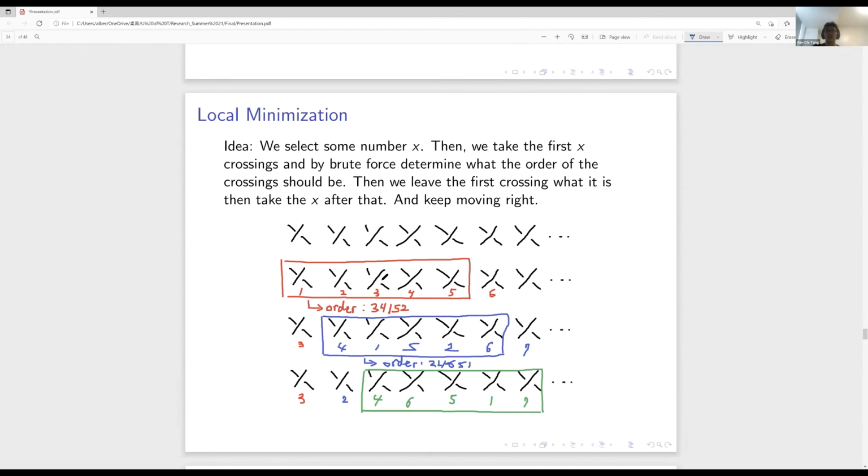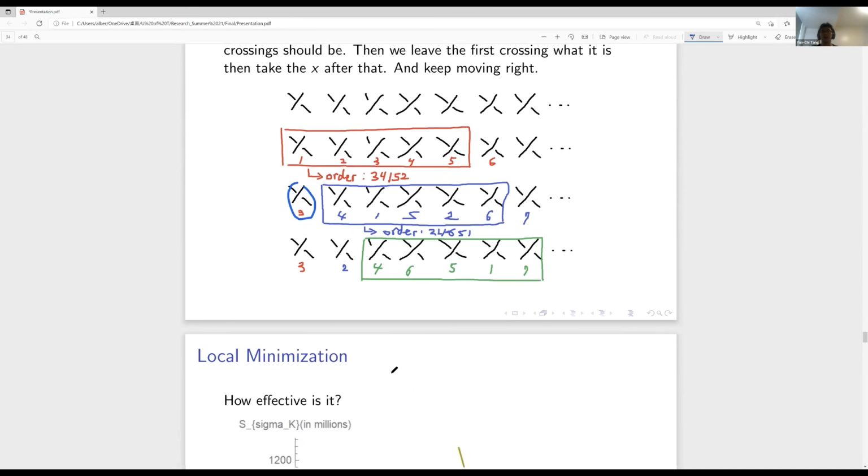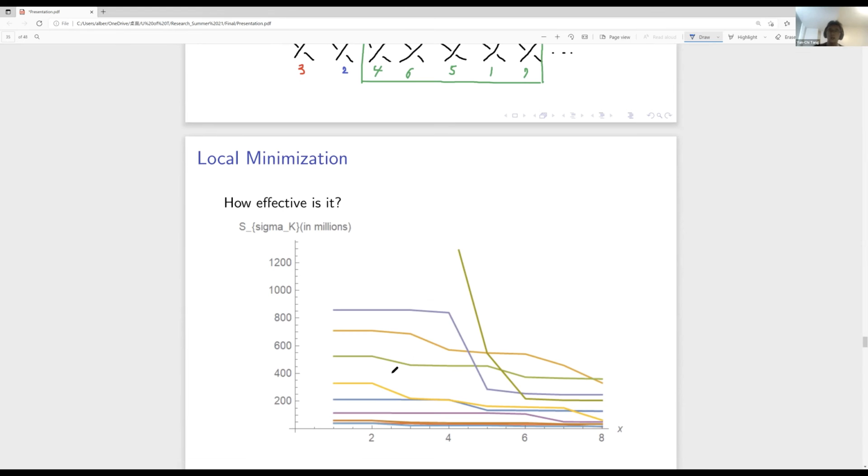So the first idea is that I take the first 5 crossings, scramble them and see which order they will be best in trying to reduce that S value. And then I would leave what I found behind, and then I will do the next 5, and then I will just keep going. And in fact, what we see is that it's going to help reduce the runtime of calculating Kauffman bracket.